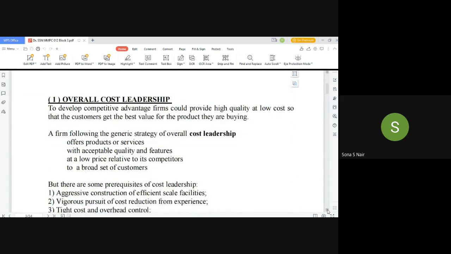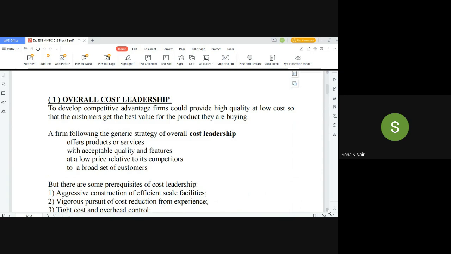Overall cost leadership. To develop competitive advantage, what does the firm want to do? The firm offers products and services with acceptable quality and features at a low price relative to its competitors to a broad set of customers. That is what cost leadership is about. The firm would decide that they would not want to spend too much capital on making the product too costly, because the moment you start adding features, the product starts becoming costly, because you're using facilities, raw material, design, R&D, all those things you do to make it more unique.